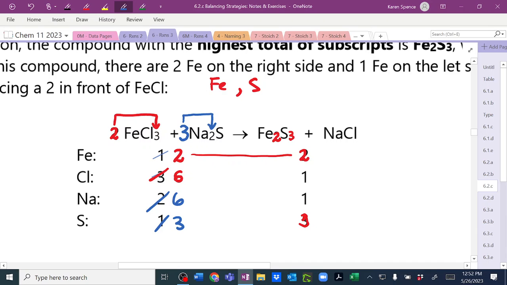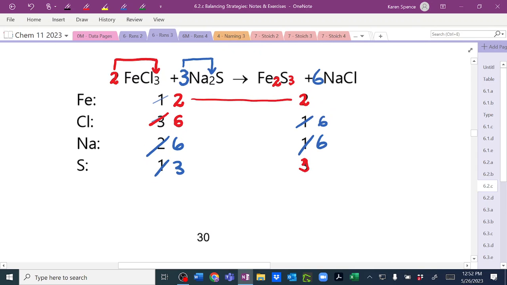And this is why I like to do the most complex one first, because now when I look at it, I can pick either sodium or chloride. And guess what? It fixes both of them. And if you do it that way, it'll always work that way. It'll be like, oh, I just have to add a number here. Woo, how pretty.